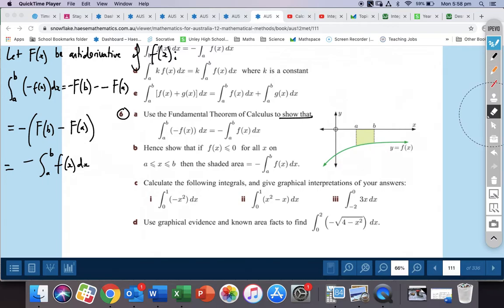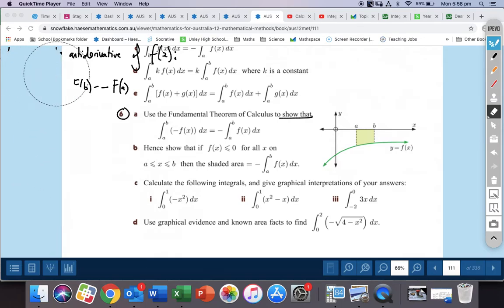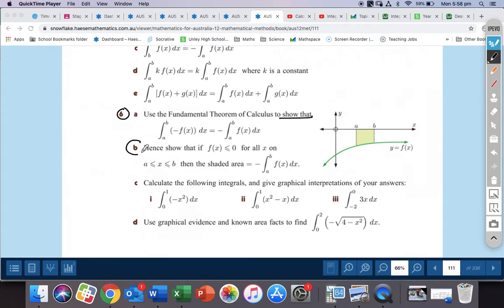That's not too difficult. It's what we've been doing in question 5. What might look a bit confusing is 6b.